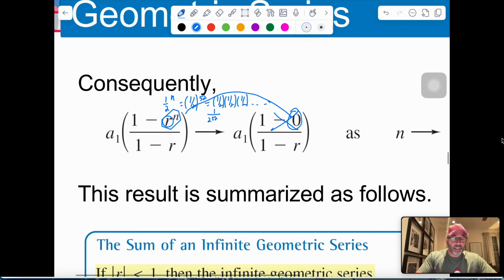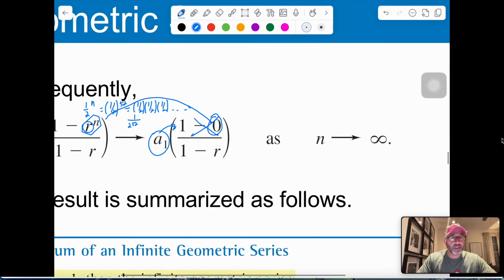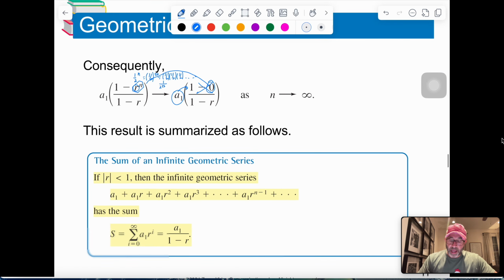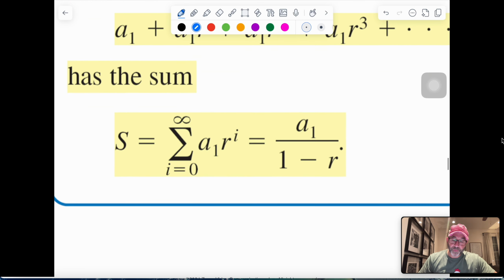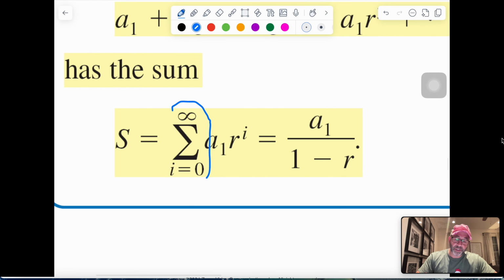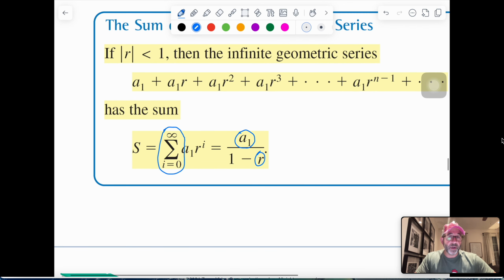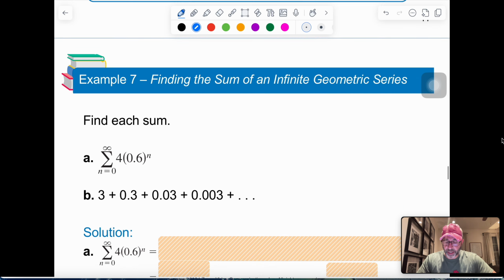Now if we take this a1 and distribute it to the top, we have a1 times 1, and we get a brand new formula, which says that as my infinite series goes on forever, my first term divided by 1 minus r is the sum of a geometric series. Okay, so let's put this one in action.